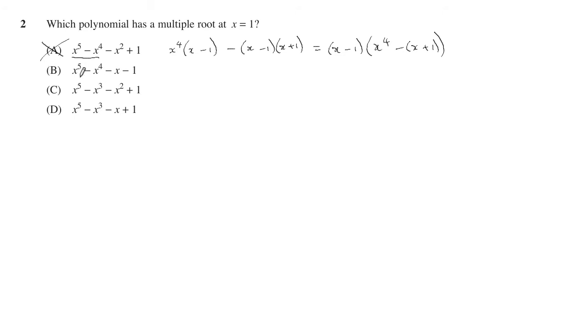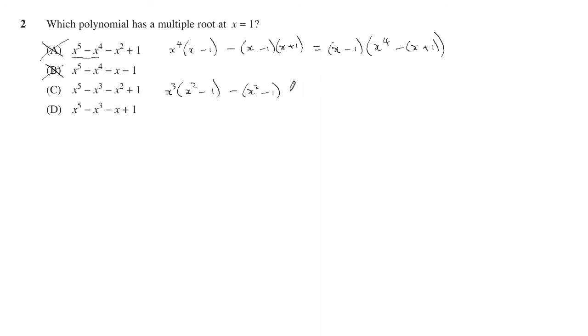With B, when we plug in x equals 1, we get 1 minus 1 minus 1 minus 1, which is actually minus 2. So that one doesn't even have a single root, so we can rule that one out. With C, if we plug in x equals 1, we get 0 again, so that's good. So let's see if we can factorize that a bit more. You've got a common factor of x cubed with the first two, so let's take that out.